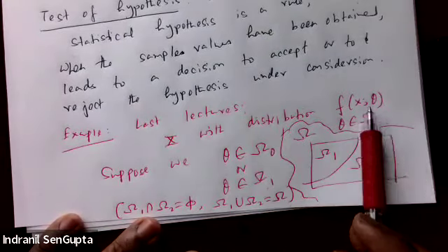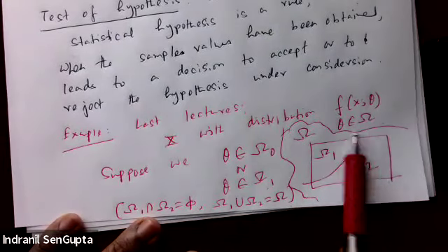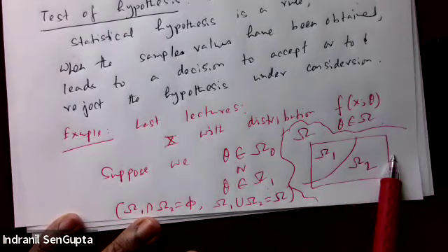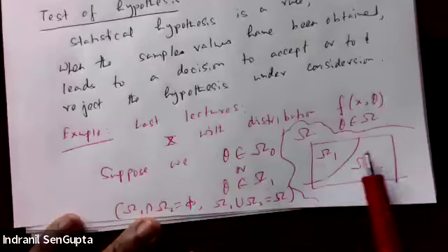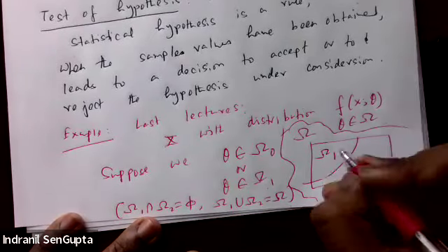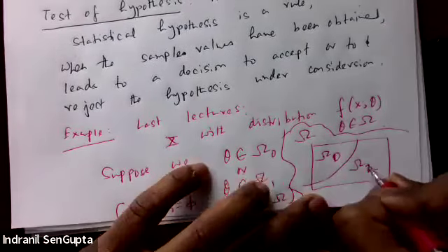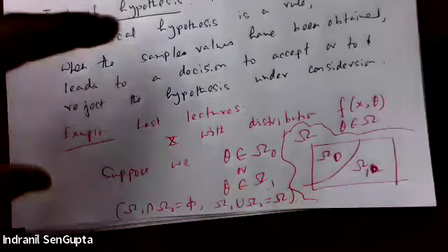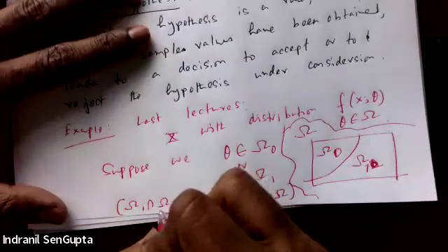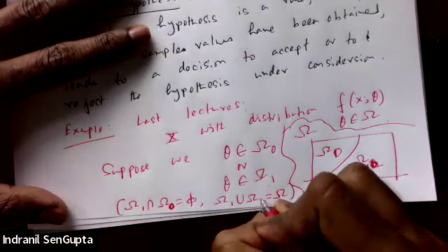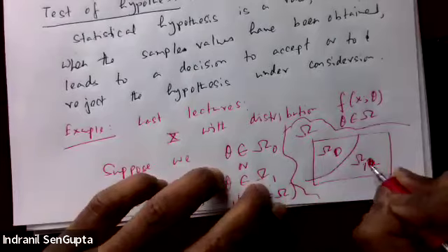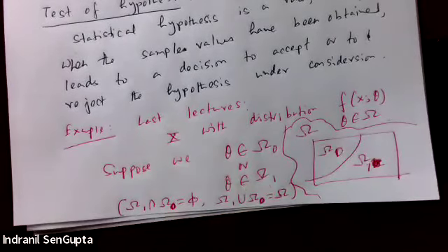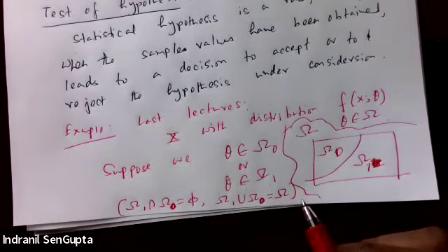Roughly speaking, theta can be anywhere here, but suppose we have reasons to believe that for some reason theta is either in omega 0 or omega 1. Sorry, let me change this to 0.